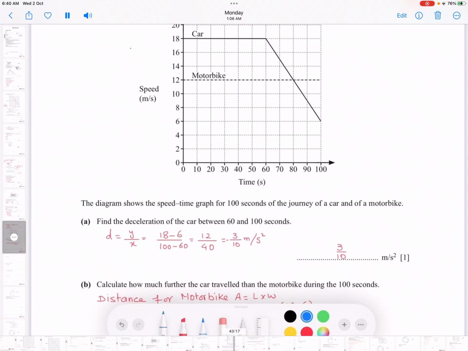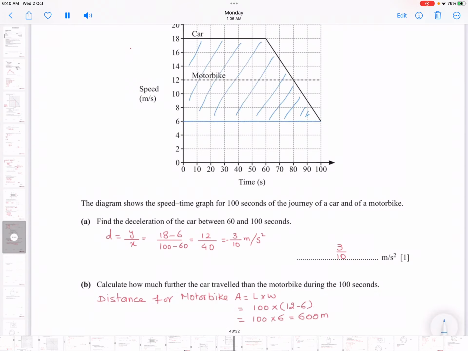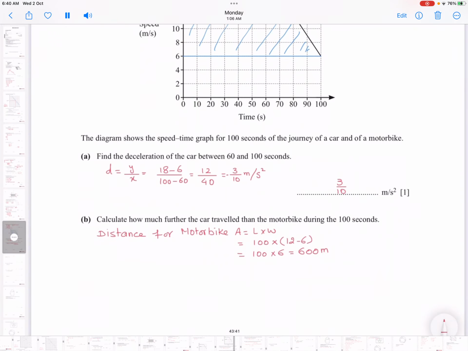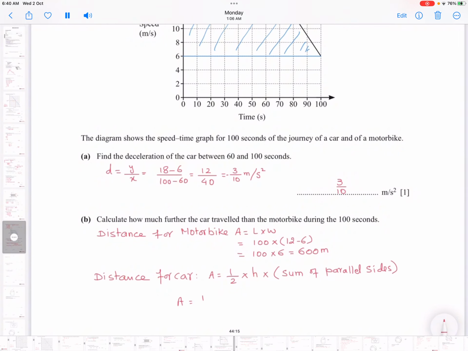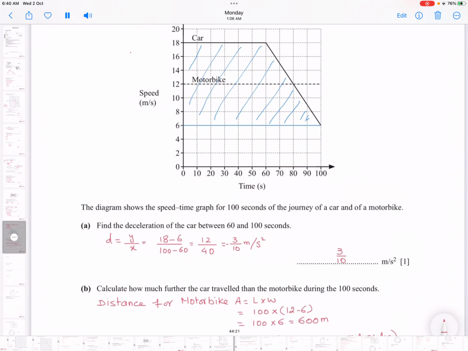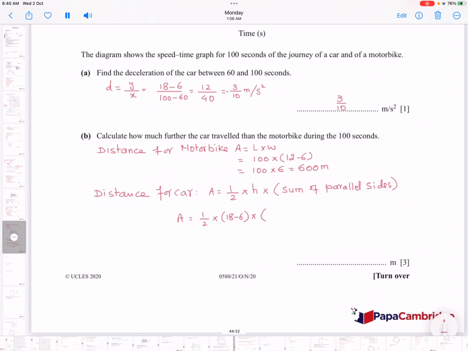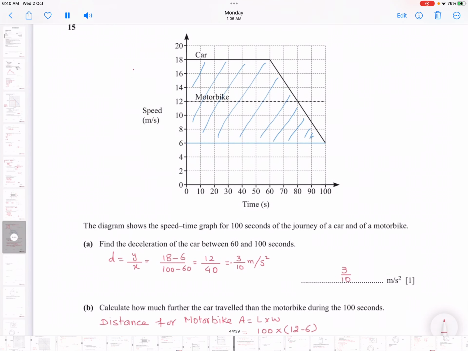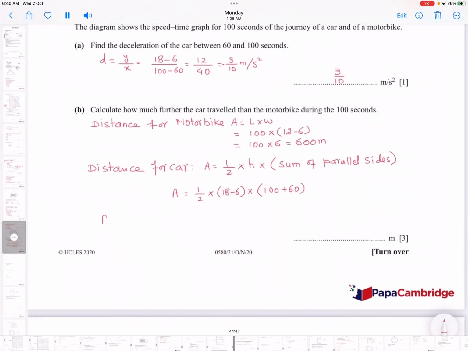And now calculate the area under the graph of the car. This, again I colored it in the blue, is a trapezium. So 1 over 2 into height into sum of parallel sides. So 1 over 2 into height, which is always between two parallel lines. So 18 minus 6 into sum of parallel sides, 100 plus 60.